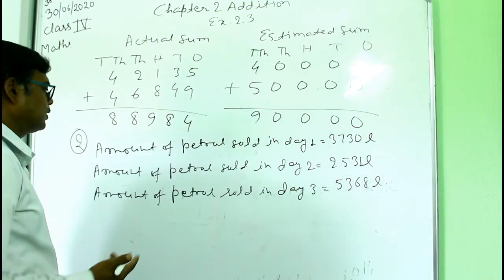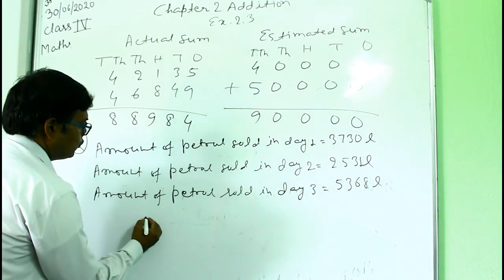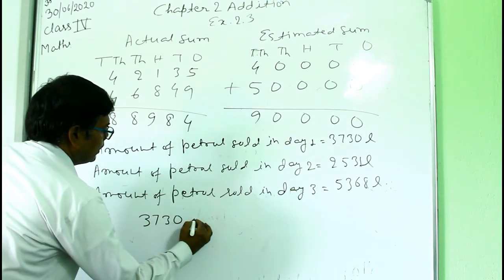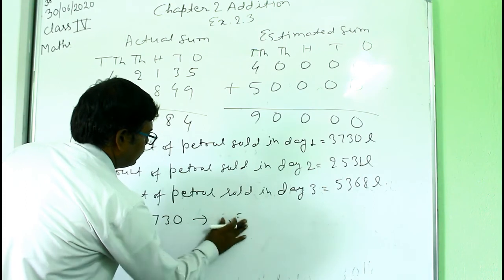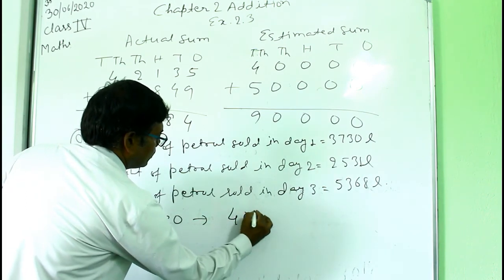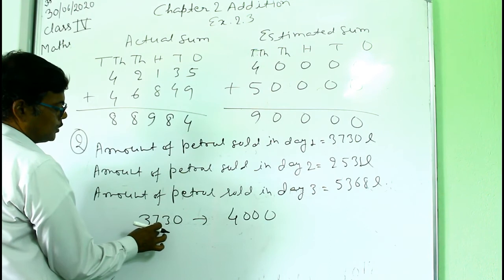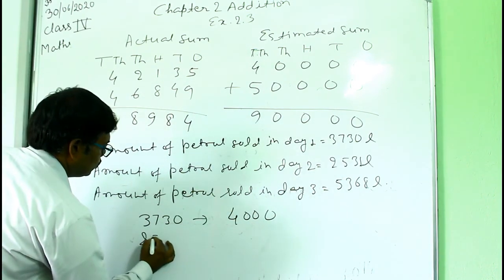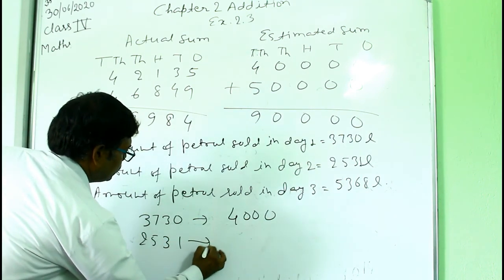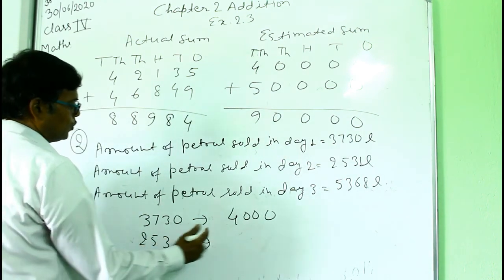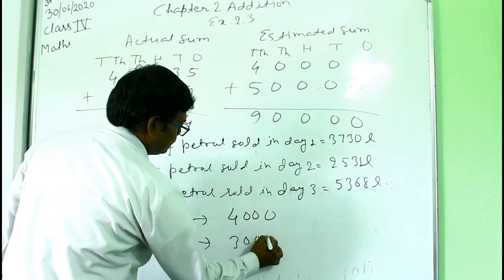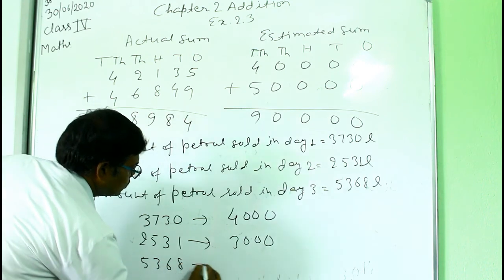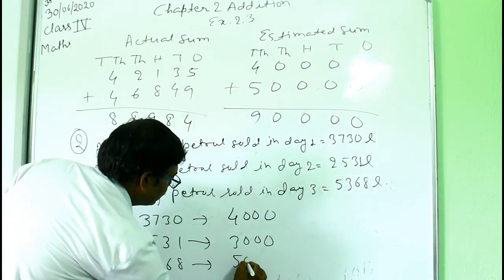Now round this, okay, that is the estimated sum. When you have to round, 3730 will be equal to 4000, because this is 37, close to 4000. The next number is 2531, so it is again 25, so you will write 3000, and the next number 5368 will be equal to 5000.